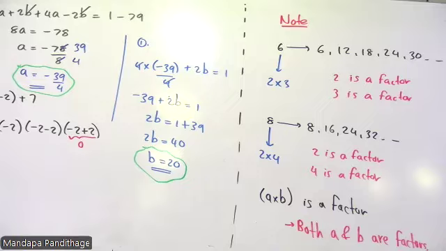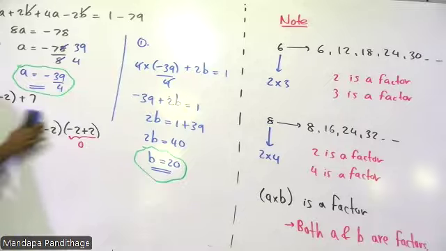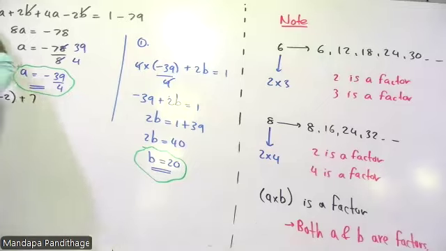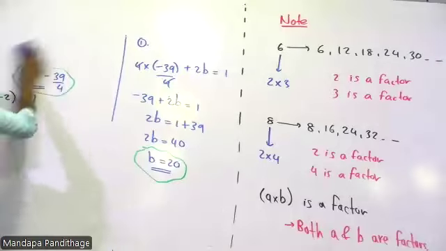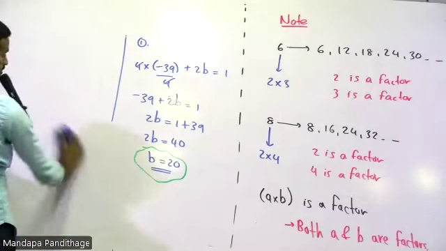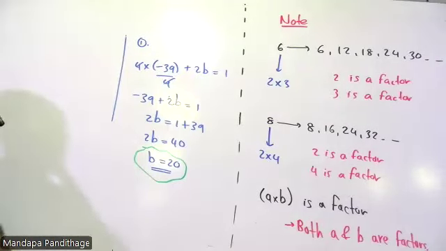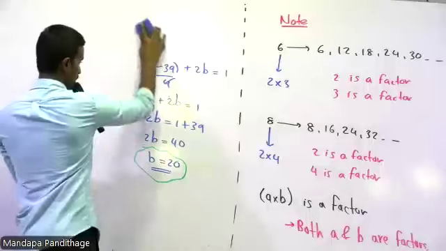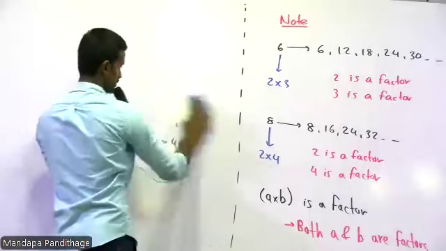Okay. Then after that, write this: 6 is a factor of these numbers.